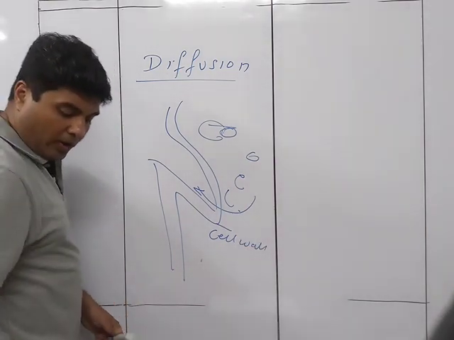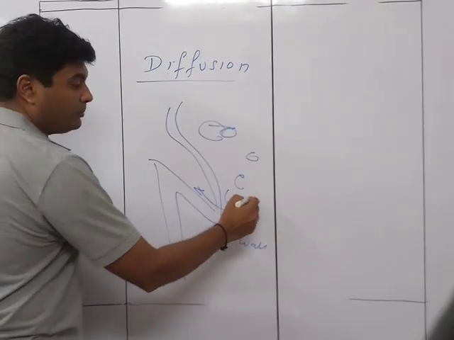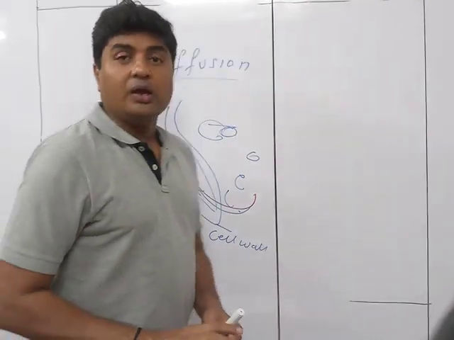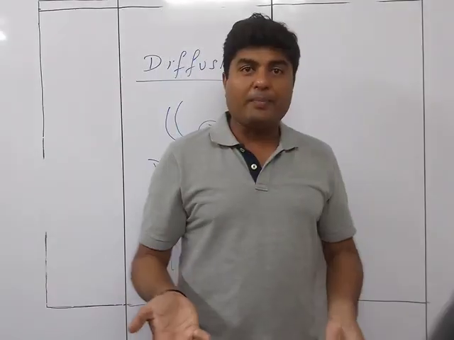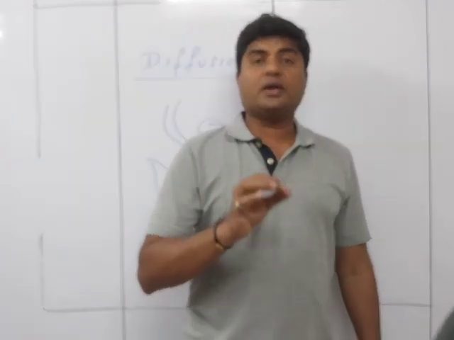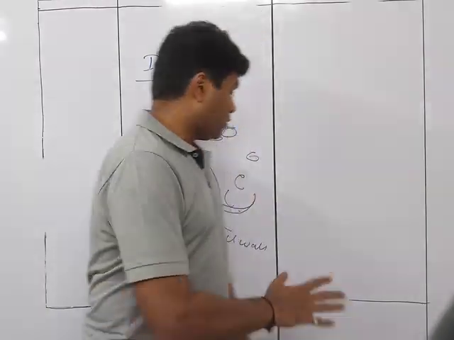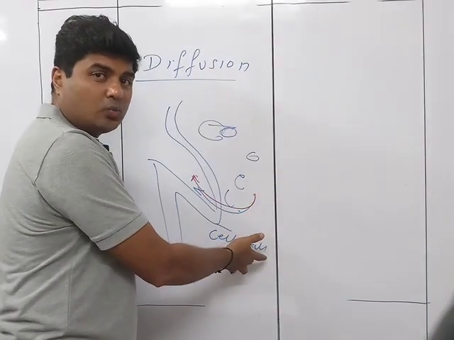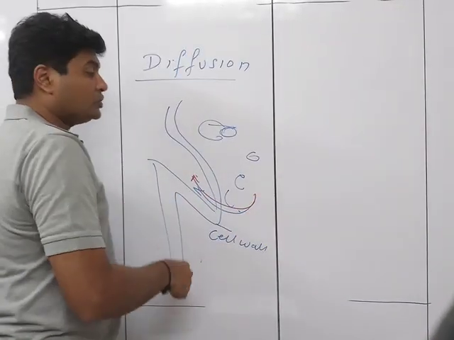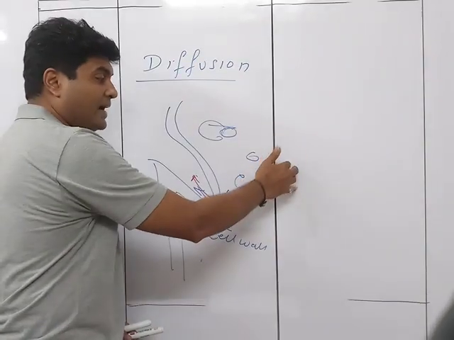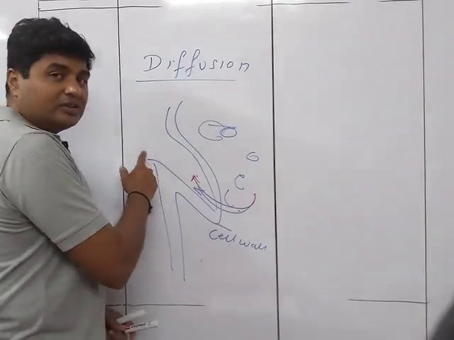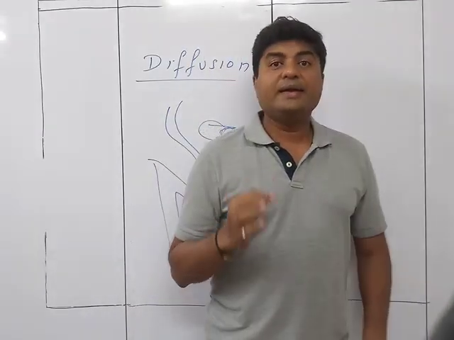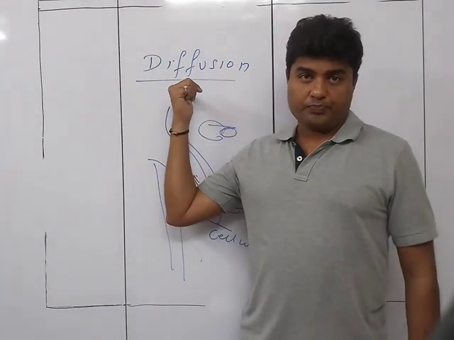So when the water molecules pass from the soil into the cell wall directly without any membrane in between, that particular process wherein it goes from a higher concentration, see, the soil always will have a higher concentration of water as compared to the plant. So when the water goes from higher concentration to lower concentration directly without any membrane in between, it is called diffusion.